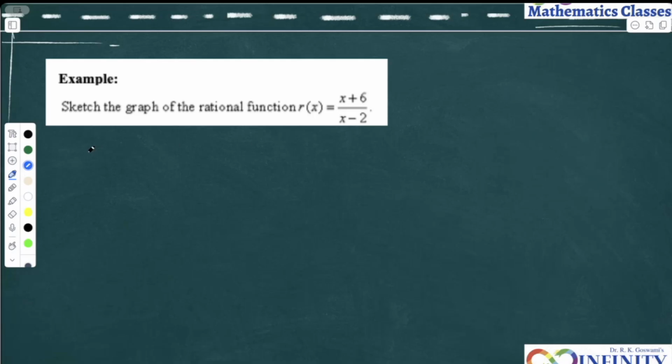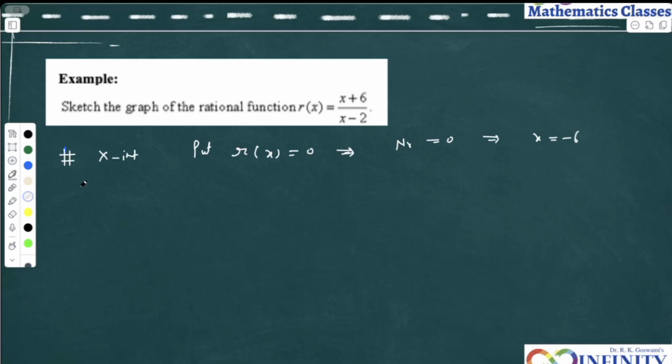For this particular question, let me talk about the x-intercept. For the x-intercept, what do you need to put? You need to put R(x), the function, equal to 0. R(x) equals 0 means the numerator is 0. When you put the numerator equal to 0, you get x equals minus 6.